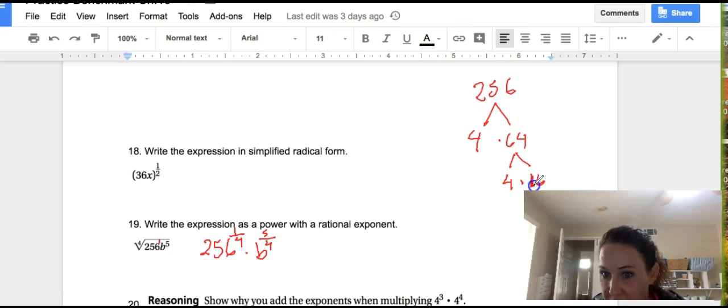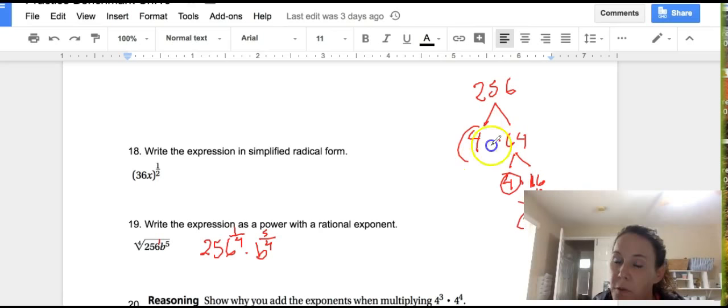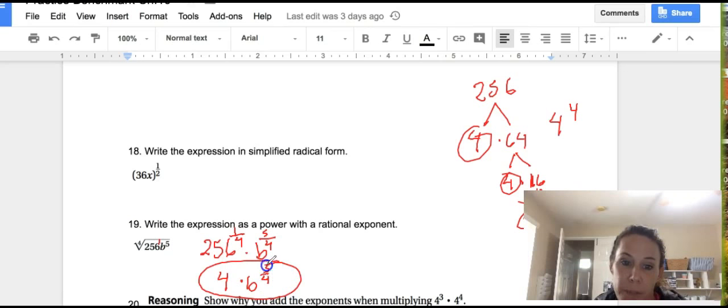And then I know 16 is 4 times 4. So that is 4 times 4 times 4 times 4, or 4 to the 4th. So if I take the 4th root of 256, I'm going to get 4. So the 4th root of 256 is 4 times b to the 5/4 power, and that will be your solution.